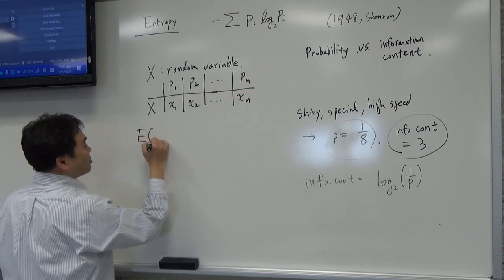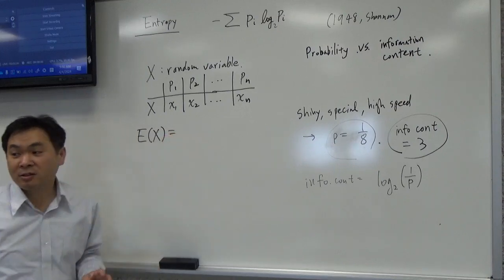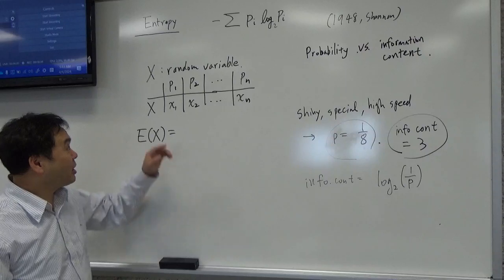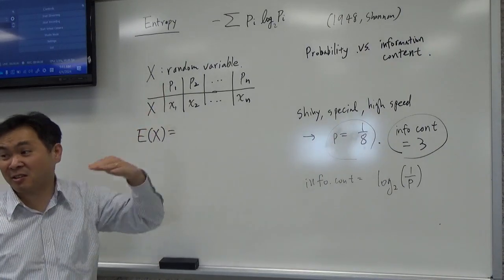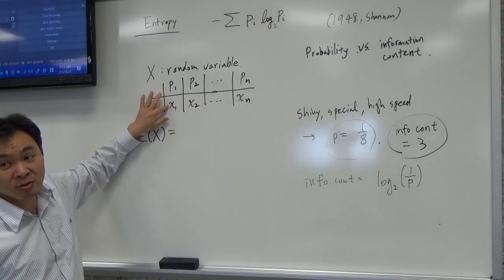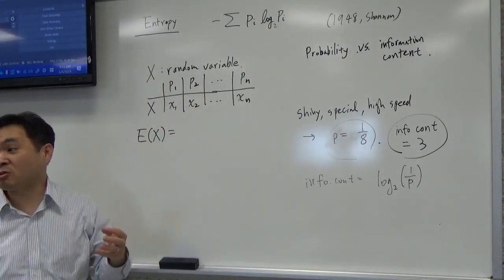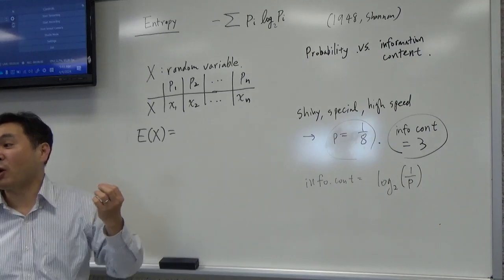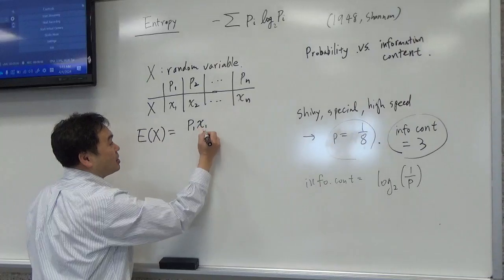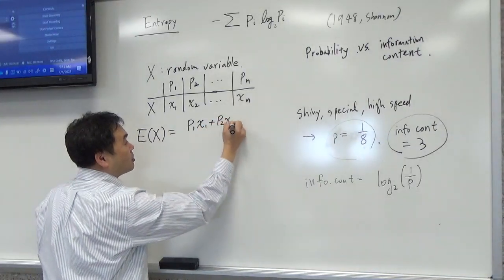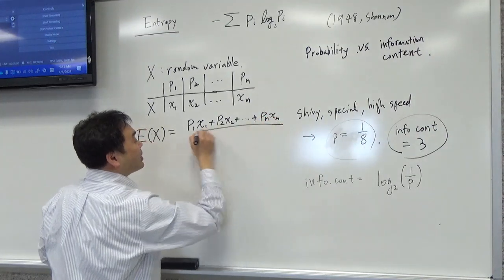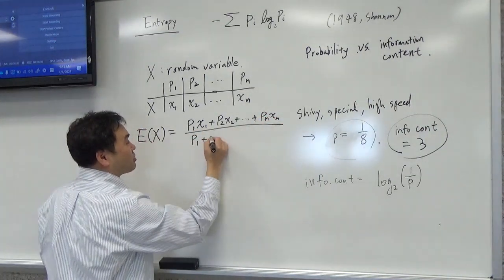The expected value of x is really the average value of x. How do you calculate it? The probabilities are like frequency. It's going to happen, right? So since this is a frequency and that's the value, taking the average really means you want to take the weighted average, which means you multiply the frequency with each value, and then divide by the sum of all the frequency.